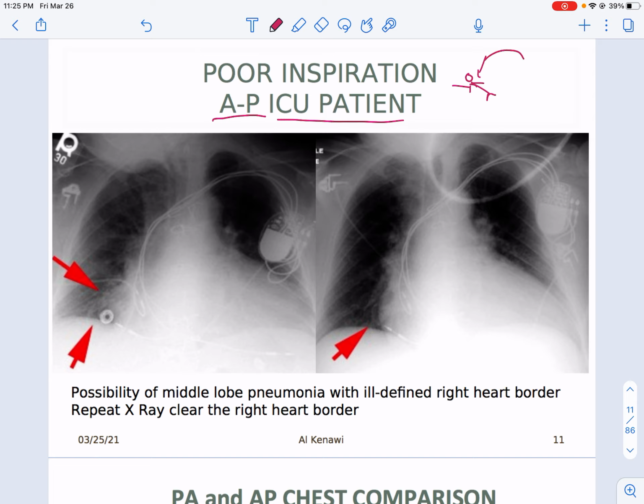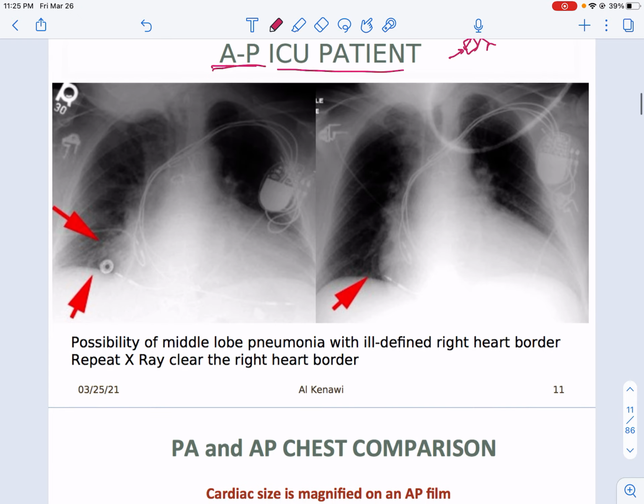They bring a chest X-ray machine to the patient, and they put the detector behind the patient. The beam penetrates the anterior chest first, then the posterior. Because of that, we call it the anterior posterior view.